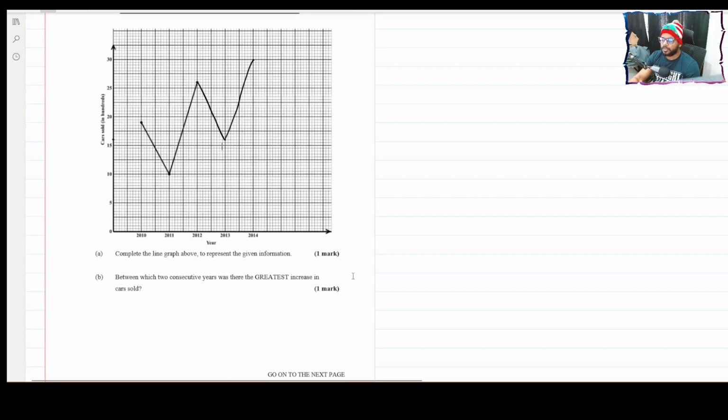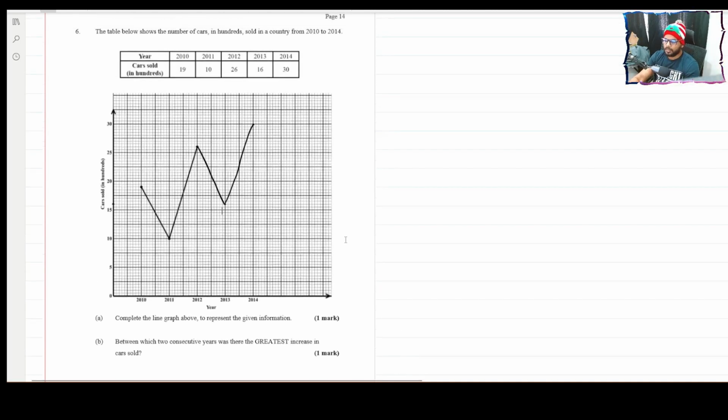Between which 2 consecutive years was the greatest increase in cars sold? Now, consecutive years means 2010 and 2011, 2011 and 2012, 2012 and 2013, 2013 and 2014. They are not looking for the difference between 2010 and 2012. So from the graph, you could just check and see which one will give the greatest increase. From 2010 to 2011, that was a decrease. So it only has 2 increases here.